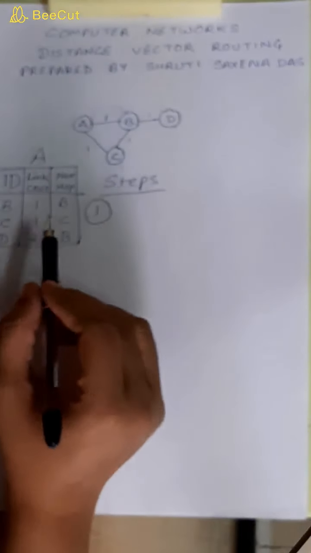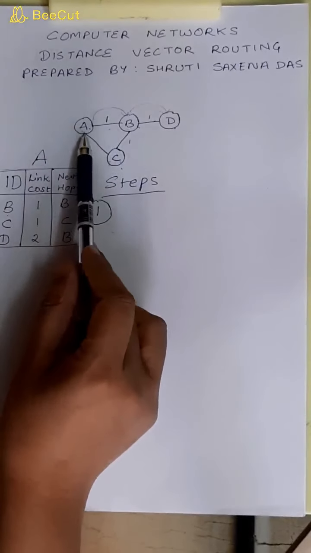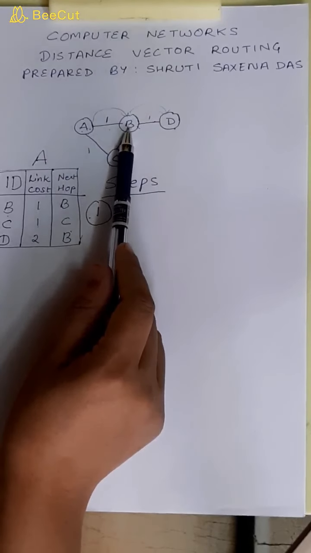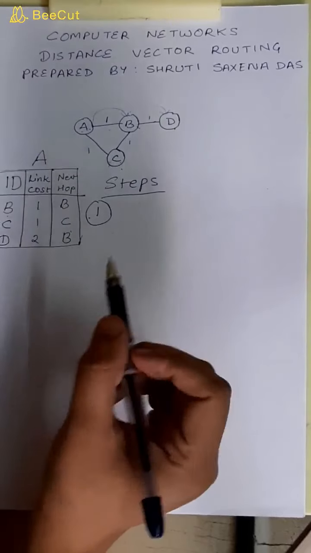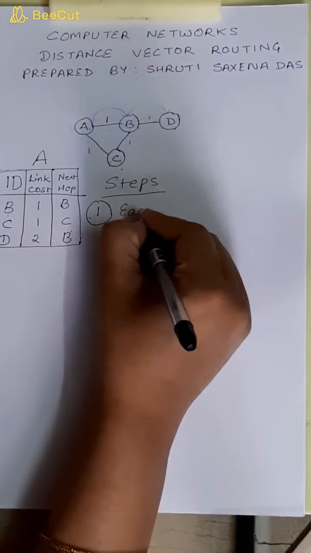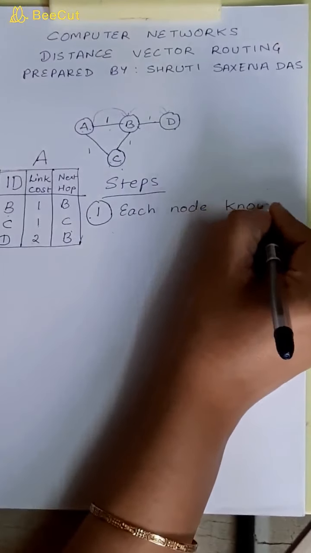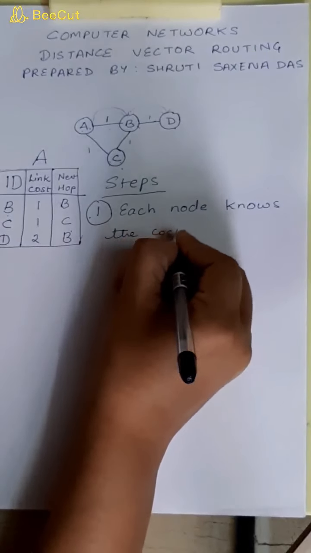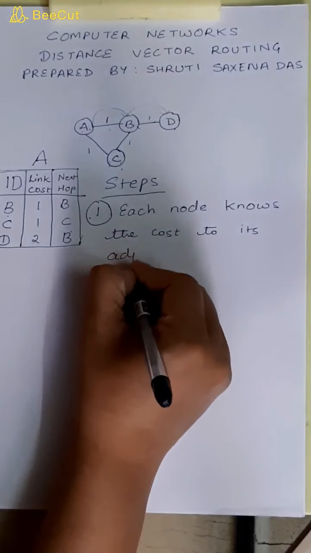Each node first prepares an initial table with entries only for its direct neighbors. So A will have entries only for B and C, not D. When B exchanges its own table with A, only then will A get the entry for D. So the first step is that each node knows the cost to its adjacent nodes.